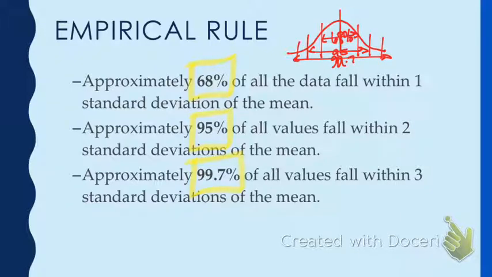So for these types of questions, you will set up your bell-shaped distribution and fill in the mean and the standard deviation. So we'll do one together just to kind of show you what you will draw.